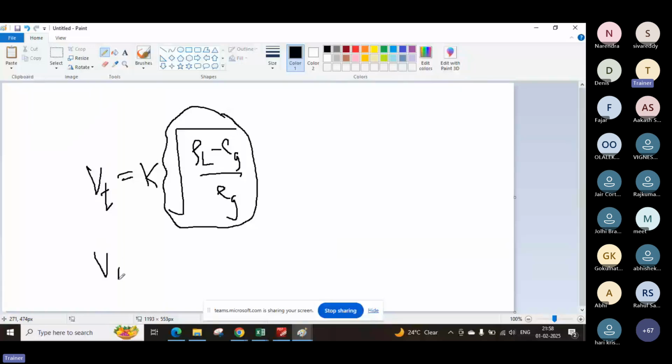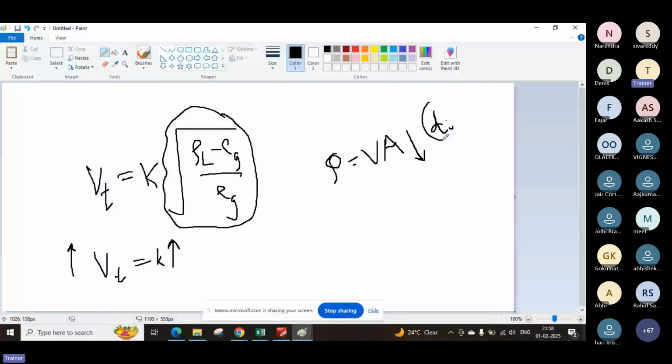Then your velocity is directly proportional to K. But going back, your velocity is inversely proportional to the area. So if K goes high, your Vt goes high. However, your area, which is nothing but the diameter of the vessel, will come down.